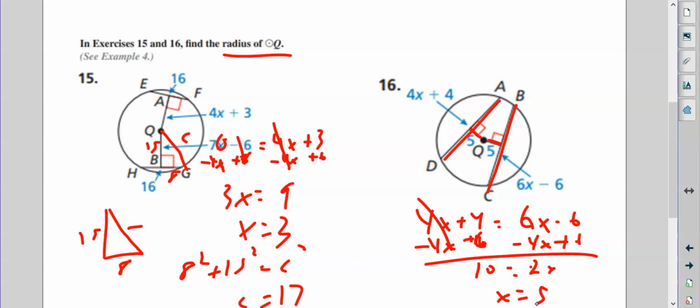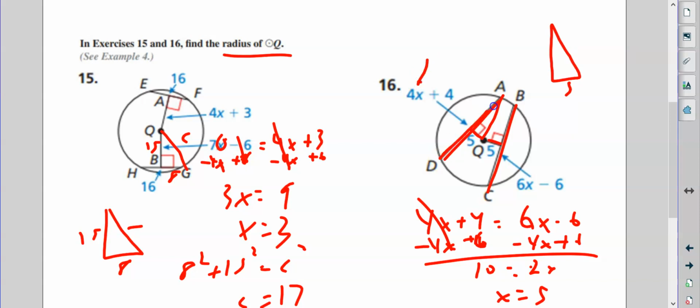Now again, we're trying to find the radius, which would be right here. It's very thin right here. We know this is 5. We plug 5 in here. We have 5 times 4 is 20, 24.